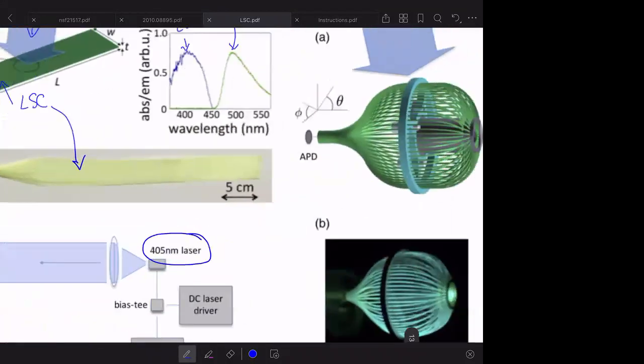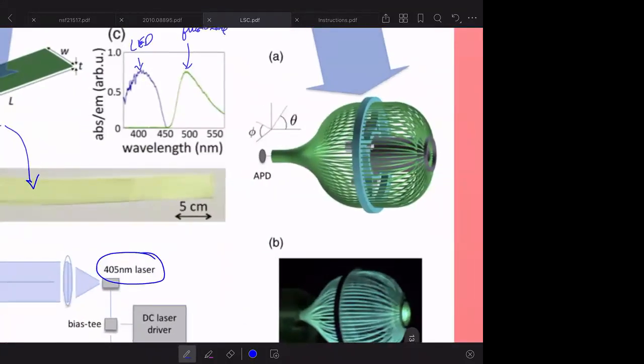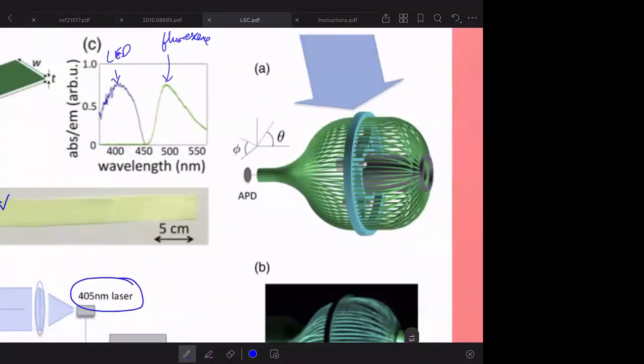Of course, what's really cool is that you can actually do this in an omnidirectional fashion. By turning this little strip into a bunch of fibers that can mesh all the way around, you can capture the laser light from any direction. And this is really difficult to do other ways. So this is a very cool design that they came up with, with some 3D printed parts, and this is a photograph of the design.